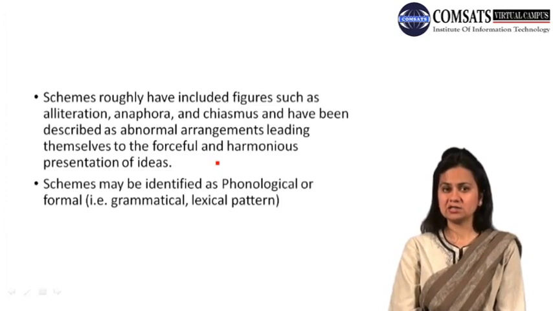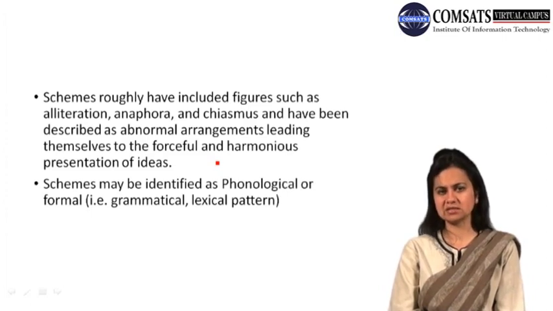Now the idea is something that becomes more forceful because of the repetition, because of the reiteration, and then it becomes harmonious too, because if certain devices like alliteration, assonance, consonance, sibilance, or certain repetition of words occur within the text, they make the text sound more rhythmic and harmonious.